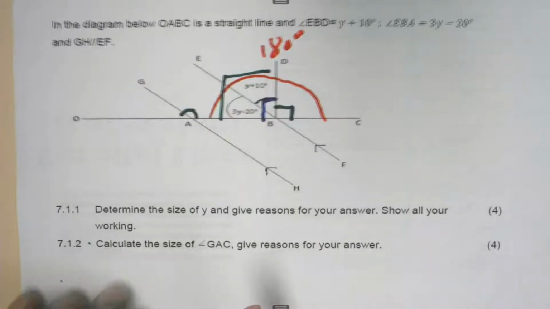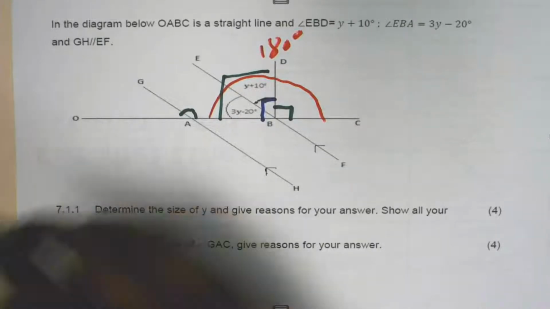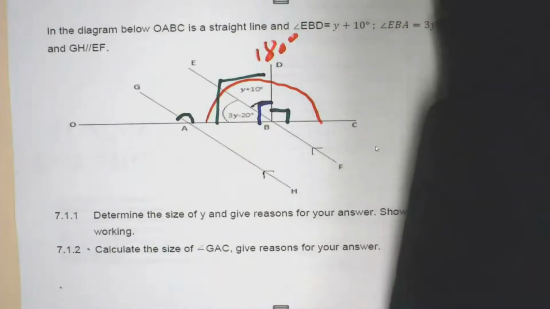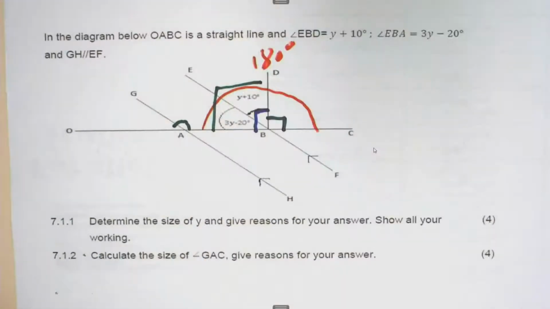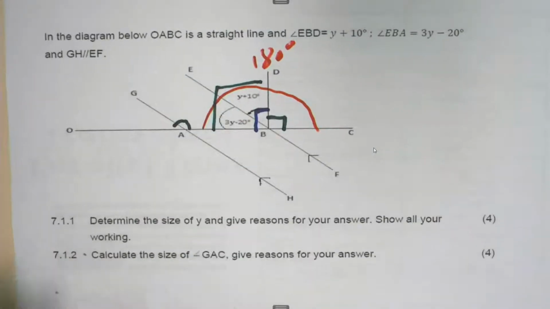GAC. Right. You still remember our corresponding angles, let's check. Let's check when you answer such questions. You've got your parallel lines. There's your parallel lines.